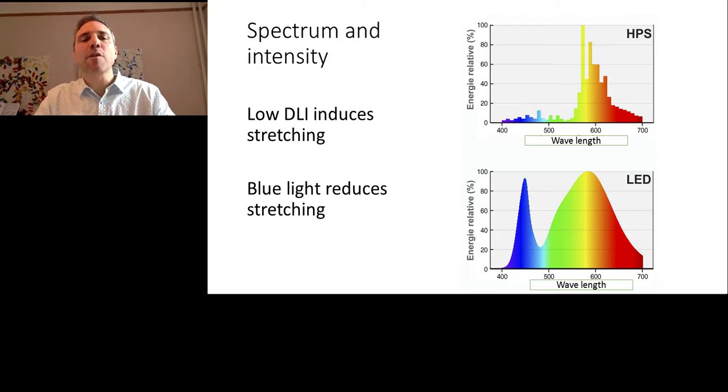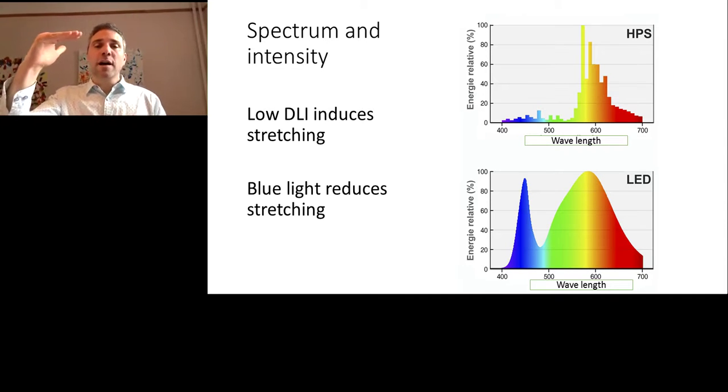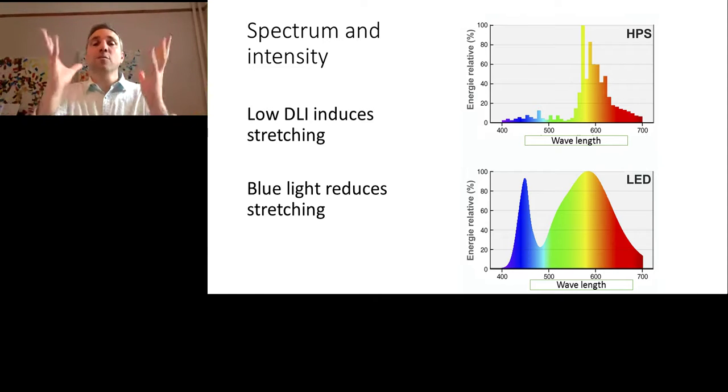Another important factor is something called thermal period, which is just the difference between the daytime and nighttime temperatures, or in an indoor environment, the difference between the temperature when the lights are off and when the lights are on. What we know is that as that difference becomes greater, it will induce stretching. It will induce plants to grow faster during the flowering period.